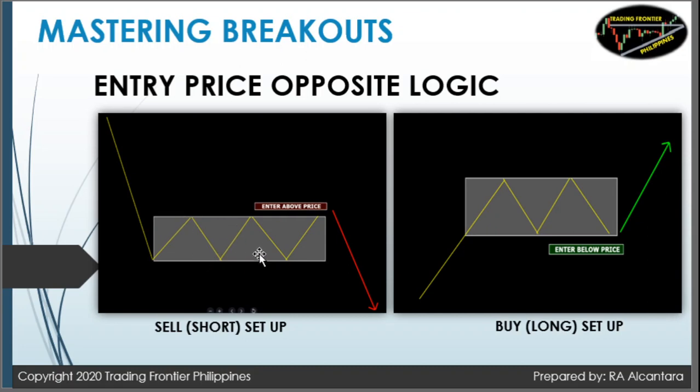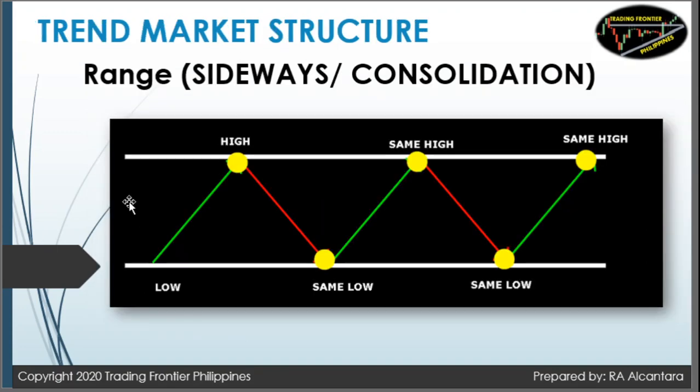Nag-consolidate or nag-turn into a range market, like this. So, ano nga ba ulit? Balikan natin yung trend market structure kapag ka-range, sideways, or in consolidation. So, di ba? Merong low, high, same low, same high, same low, same high. This is the ideal consolidation.